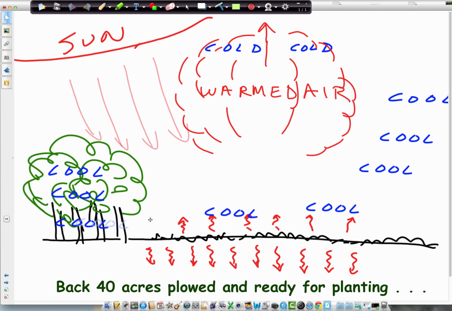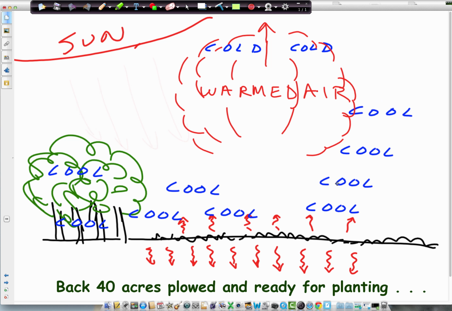And so as all this is occurring, what we actually have happening is we have wind forming. So as this cool air comes in to replace the warm air that is rising, the cool air comes in to take its place. And as simple as it might seem, this is how wind is formed.